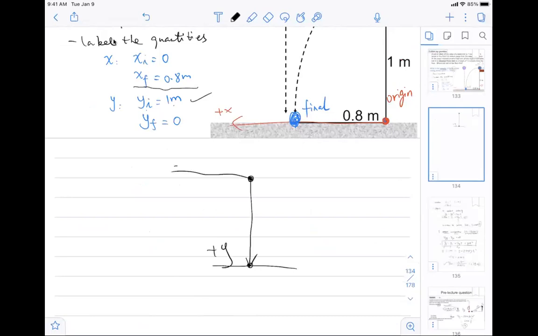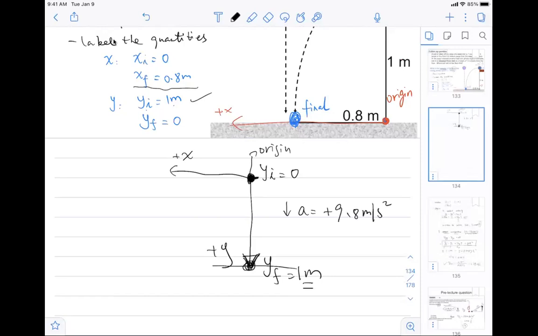Then y initial is 0, because this is the origin, and y final is 1 meter from the origin. In that case, my a is positive because it's in the same direction as what I claim to be positive. This also works.